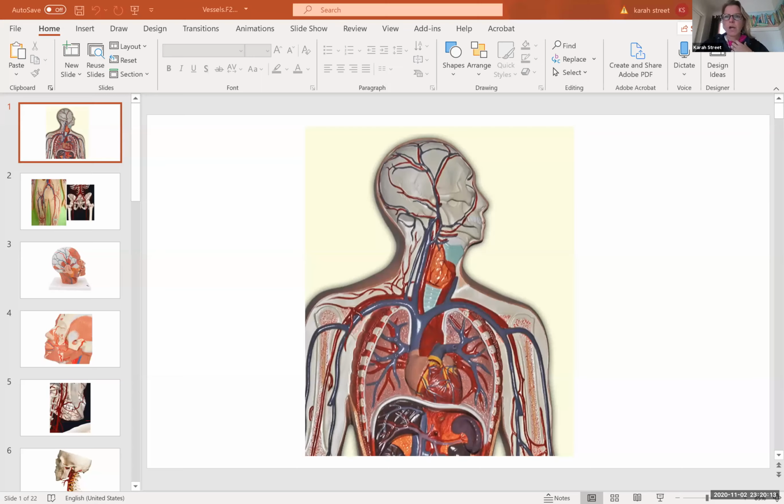I'll share my screen and we'll go through the same PowerPoint with the arteries. There will be some changes as I go through the hit list for your arteries. Most notably, right away, I can tell you that the maxillary artery is not tagged, so you can cross that off your list.